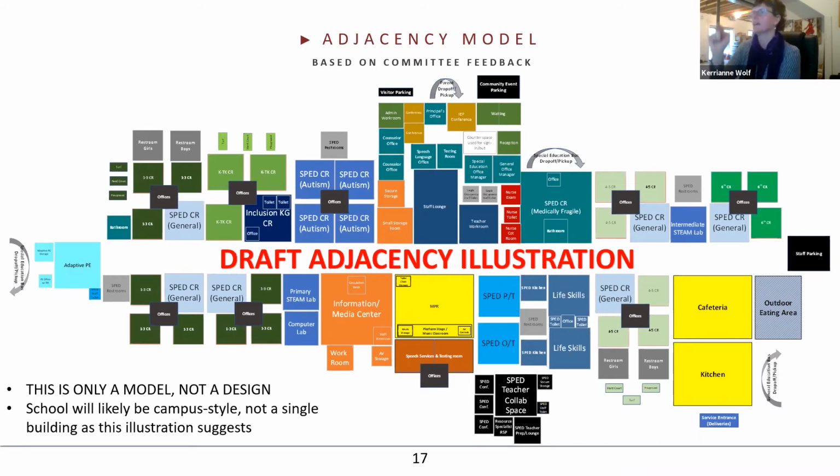So I think I can accomplish what you're asking, which is to make sure that drop-off is available through adaptive PE directly into medically fragile and the other special ed spaces in that building.